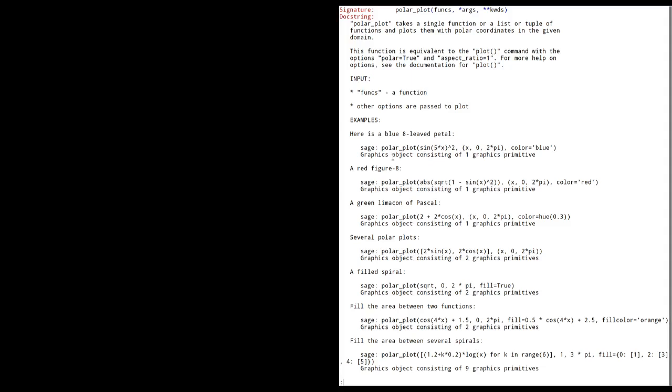So now I can just copy this command here, go back to the Sage prompt, and paste this command, replacing the function by the function for our cardioid. So it's 1 plus sine of x.